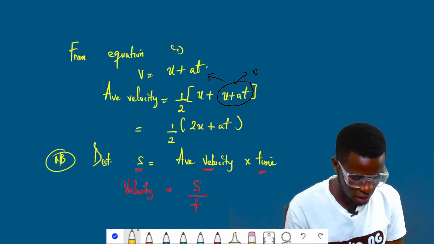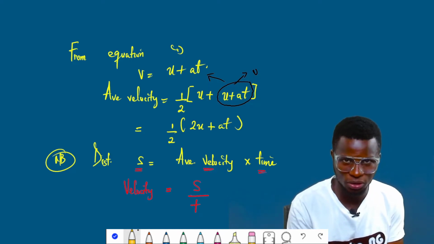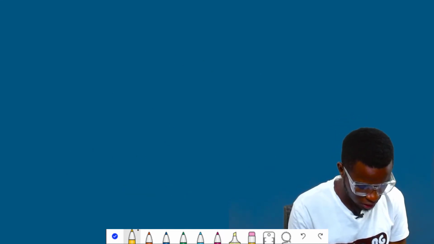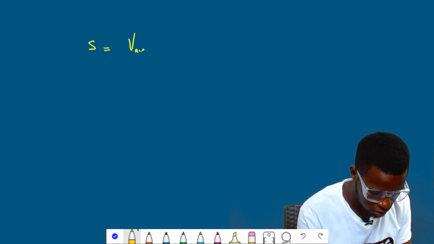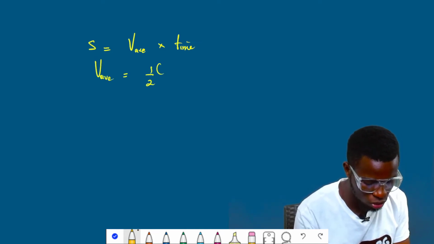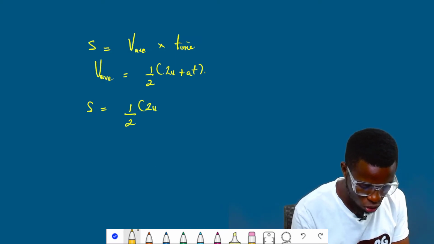All right, so if we have that, we can substitute for distance in acceleration, in average velocity rather. Okay, now since we have that s equals average velocity times time, and we know that average velocity is equal to 1 over 2 into 2u plus at, so we can say that s is equal to 1 over 2 into 2u plus at, times time.